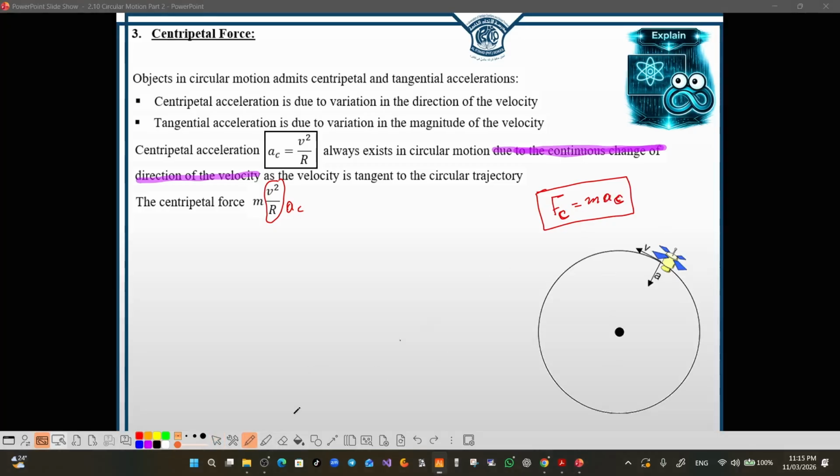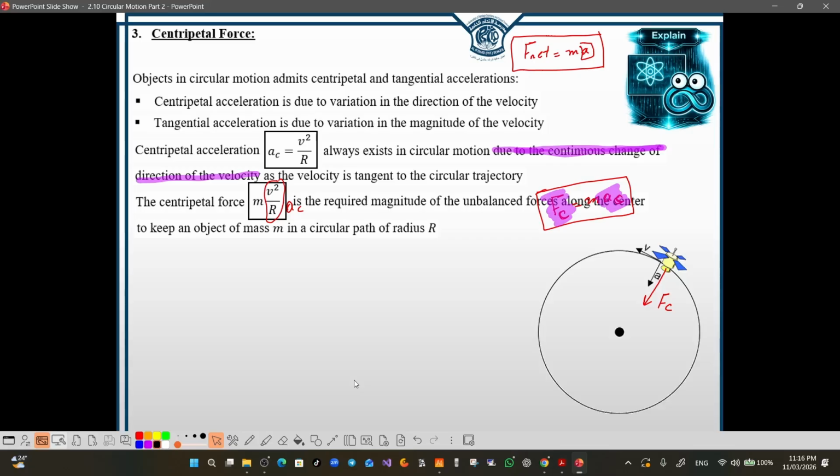Now this force, according to this vector equation, has the same direction as the centripetal acceleration. This is actually what we found in Newton's second law: F net always points in the direction that the acceleration points to. So F net and acceleration have the same direction, as well as the centripetal force and the centripetal acceleration, which means in this scenario, the force will be acting toward the center.